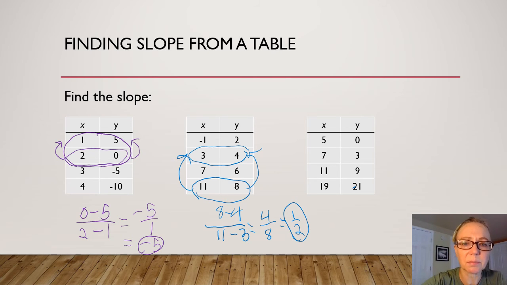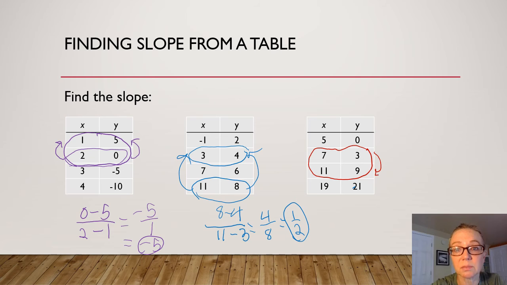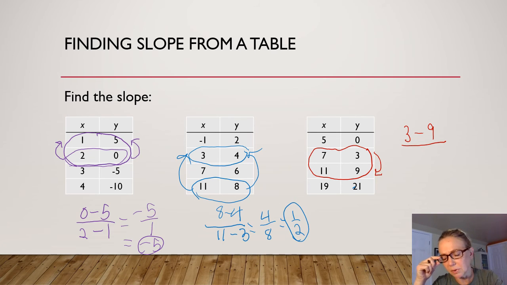In my third example, let's pick the middle 2 points. It doesn't matter, just pick 2 and be consistent. And I'm going to do something even crazier. I'm going to subtract 3 minus 9 in the numerator. It turns out that it doesn't matter which point you label x1, y1 and which one you label x2, y2. You just have to be consistent.